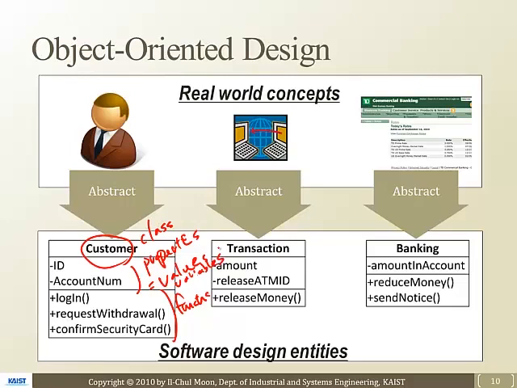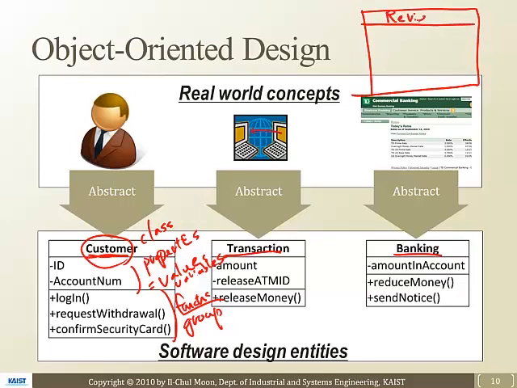What we are doing now is grouping functions and grouping properties, variables, and representing them as a real-world entity, like customer, transactions, and banking. For instance, going back to the sentiment analysis example, we want to create a review, and we want to have words in the review.